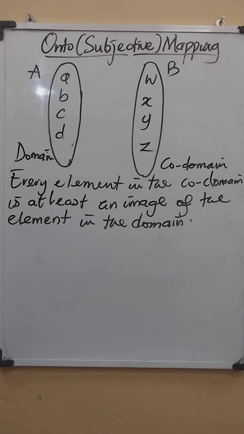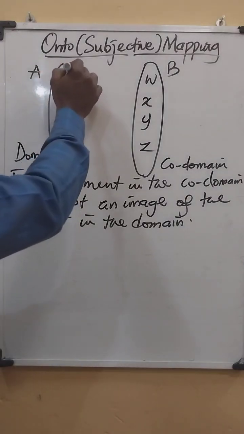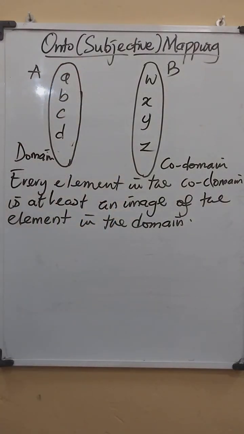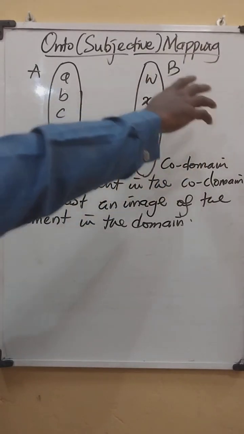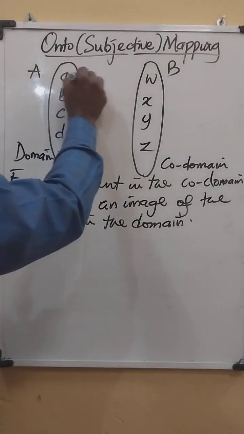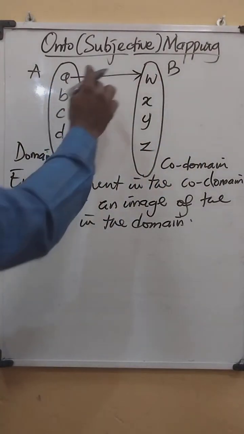So what happens here is that every element in the codomain is at least an image of the domain. So that means we can get this element to map with the other element in the codomain. This can map with this.